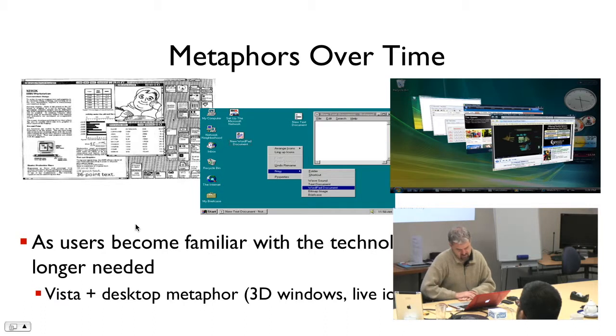Another thing is that as users become familiar with the technology, the metaphor is no longer needed. So this is the desktop evolution over time. The first desktops were very much the desktop metaphor, and then with Windows 95, you see it becoming a little different. You don't necessarily have in-trays and out-trays, things like that. And then with Windows Vista, you can actually have this 3D Windows metaphor going on.